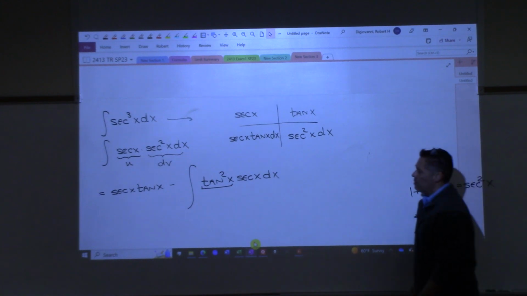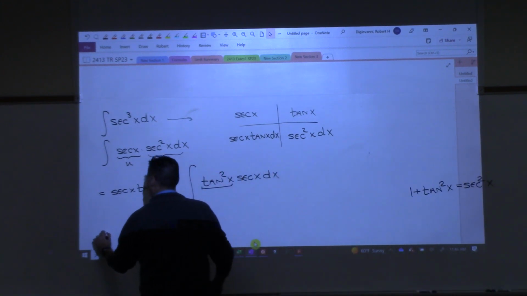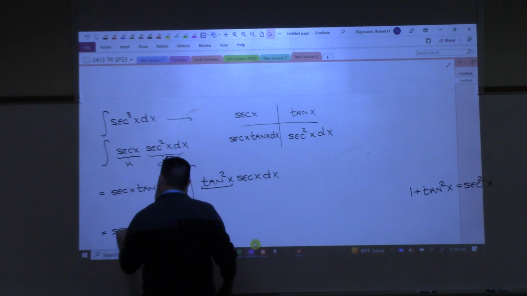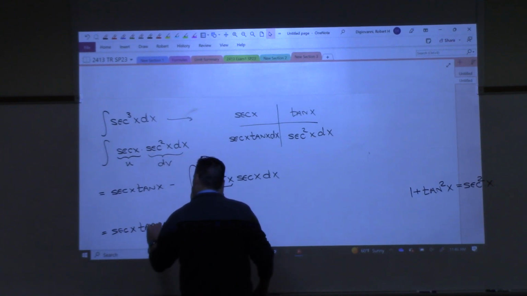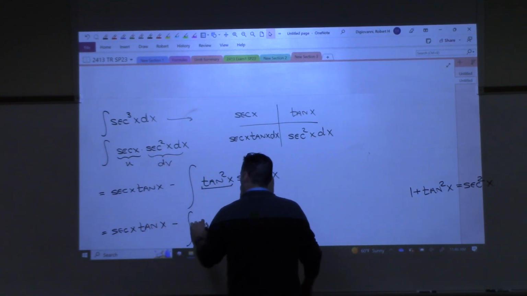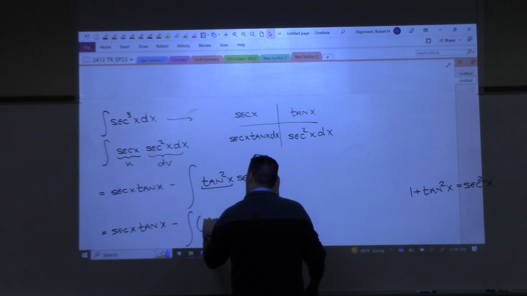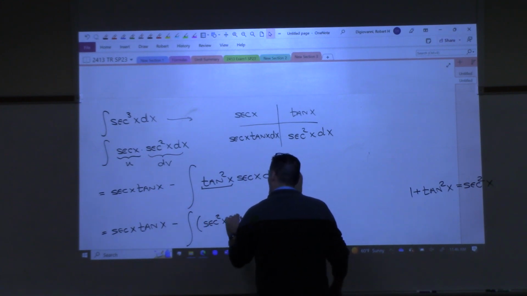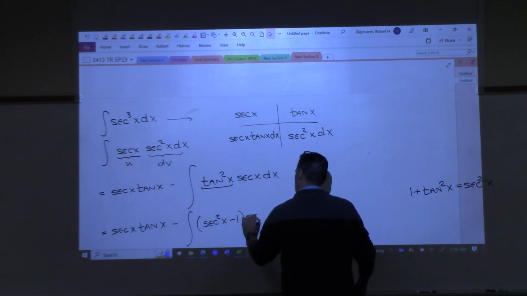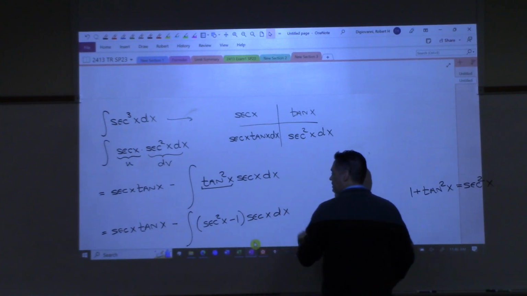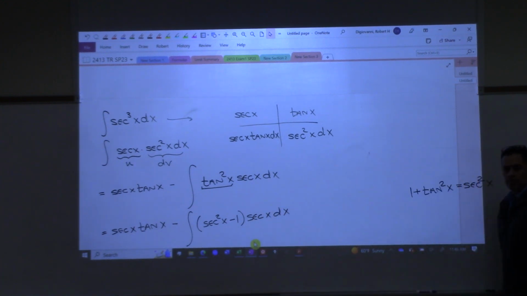So now this becomes secant x tangent x minus the integral of, in parentheses, secant squared x minus 1, and then times secant x dx. Right? Distribute the secant through, yes?